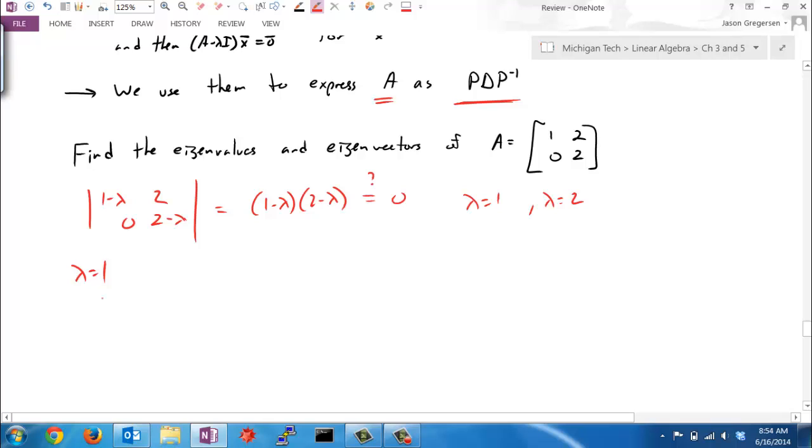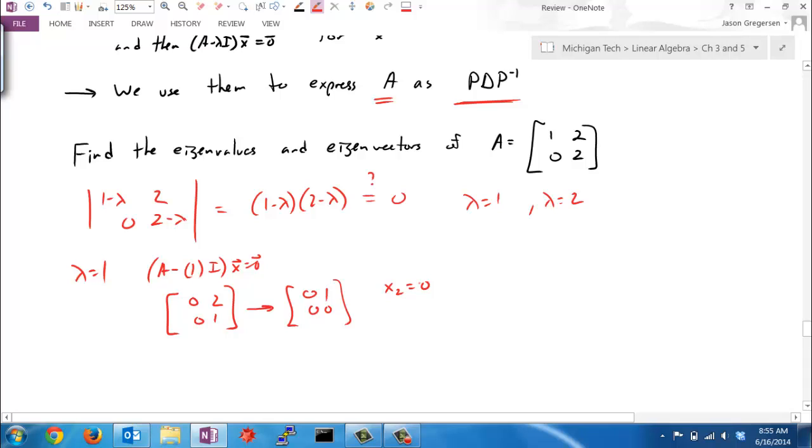We plug it into our (A minus 1 times identity) times x equals 0 equation. And when we do that, we'll get the system that looks like 0, 2, 0, 1. And we're finding the solutions to this thing. So we row reduce this thing. We get 0, 1, 0, 0 in the row reduced form. This leads me to the equations that look like x2 equals 0.